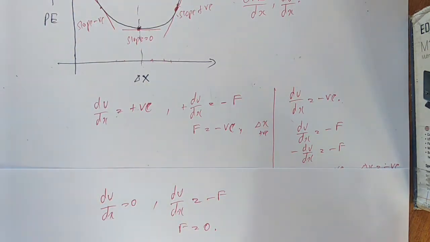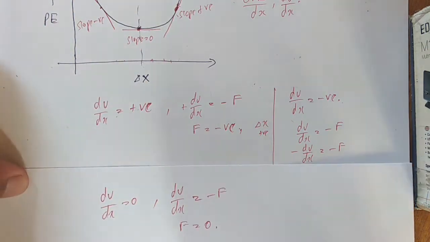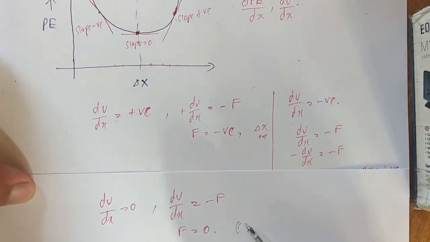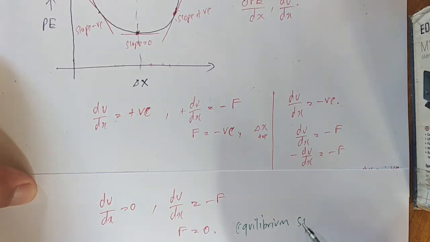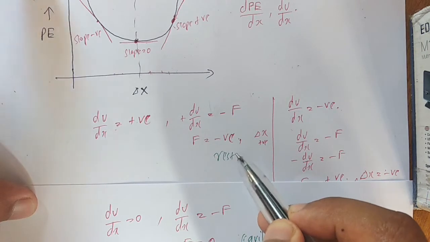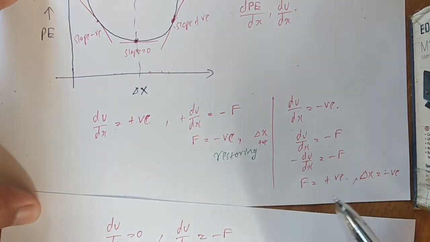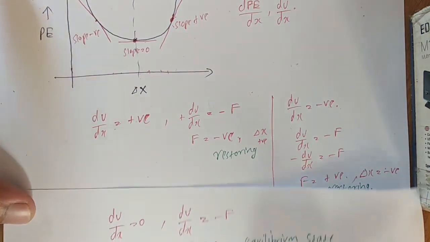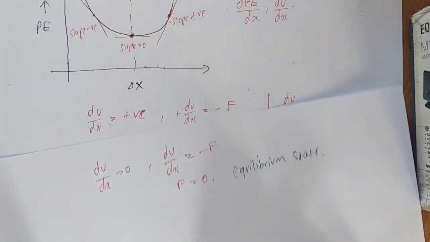The system is already in equilibrium. So this is nothing but the equilibrium state. This is restoring, this is also restoring. So this was the diagram for the stable equilibrium.